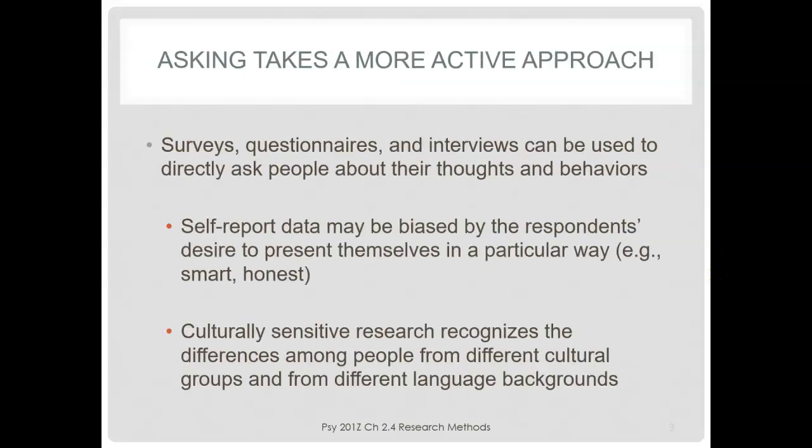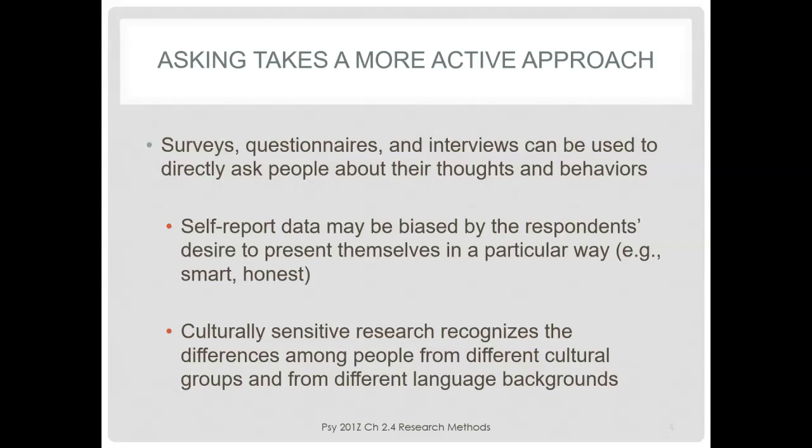Now, these methodologies allow us to just directly ask people about their thoughts and their behaviors. Now, we make our questionnaires, interviews, and surveys very structured so that everyone's getting asked the same questions in the same order, the same way. One of the issues with surveys, questionnaires, and interviews is that this is self-report data.